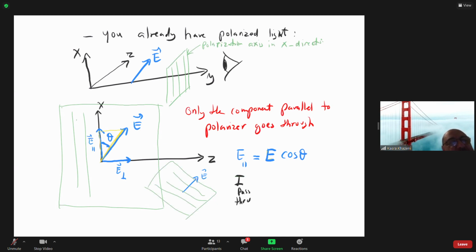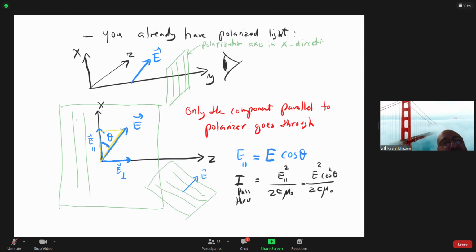All right? And then the intensity of the light that passes through, we already did that. It was E squared over 2c mu naught. This we did yesterday. This is the intensity of any light that comes through. But then what passes through is the E parallel, and that is E squared cosine squared of theta over 2c mu naught.